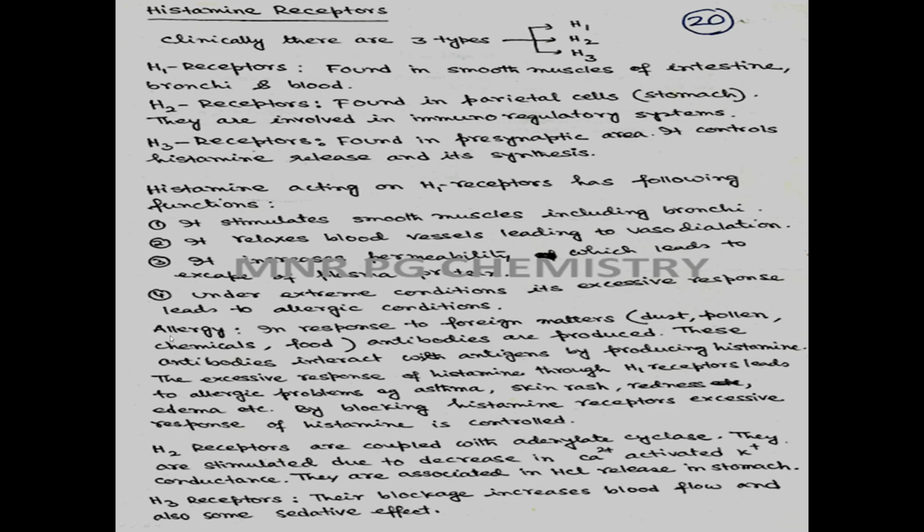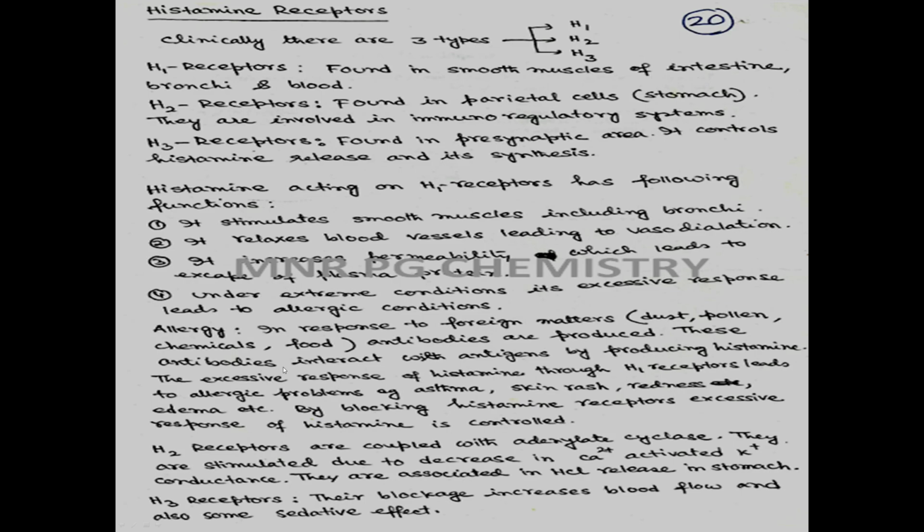So what do we mean by allergy? As I have already discussed previously, the allergic condition is related to histamine liberation. Now, in response to foreign matters, whether it is dust particles, pollen, or live things like coronavirus, chemicals, microorganisms, food, antibodies are produced inside our body as a preventive measure to fight against them.